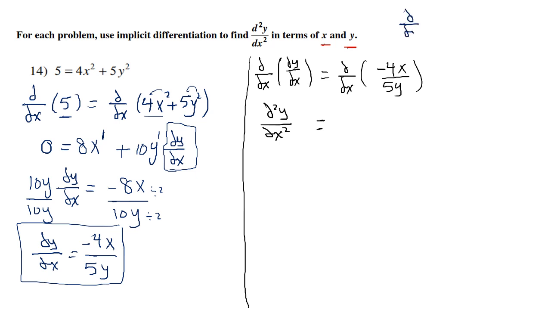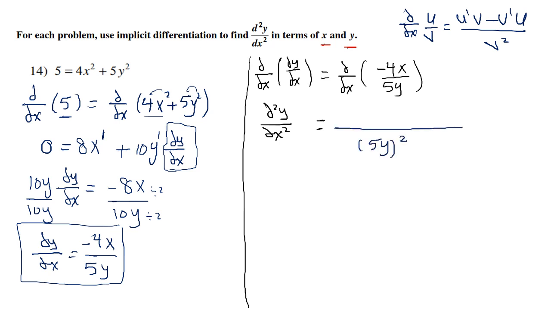The derivative of a quotient is equal to the square of the denominator, derivative of the first multiplied by the second, minus derivative of the second multiplied by the first. So it's 5y to the power of 2, derivative of negative 4x, which is negative 4 multiplied by the base, minus the derivative of the base, here it's 5 dy by dx, multiplied by the numerator.